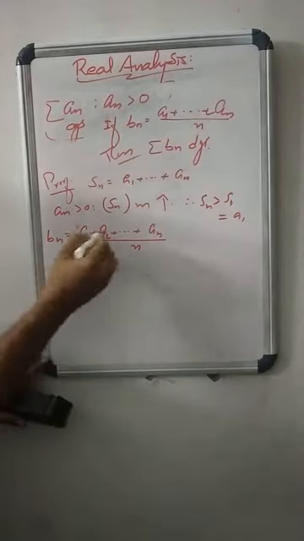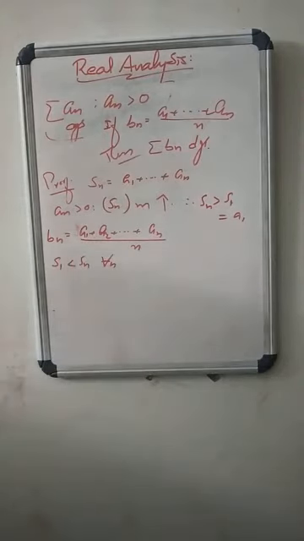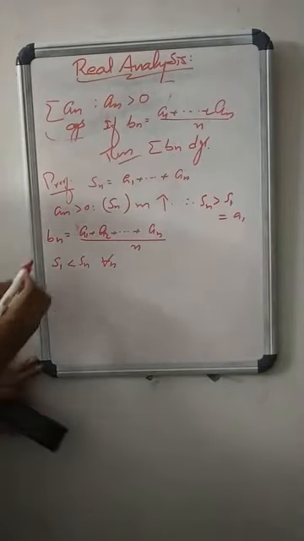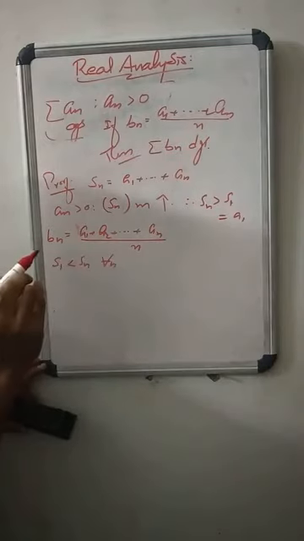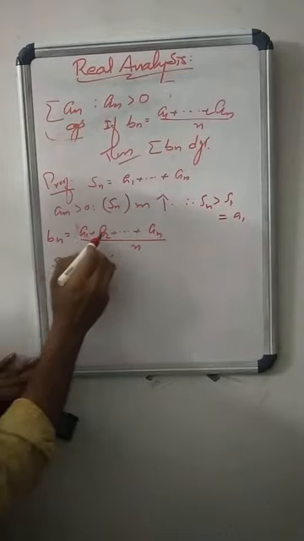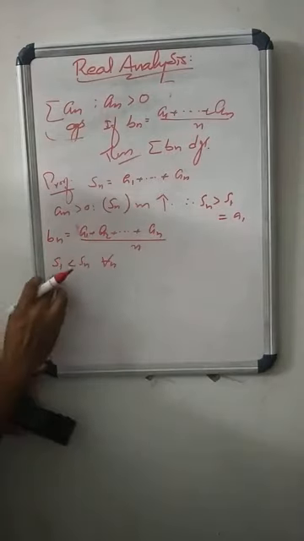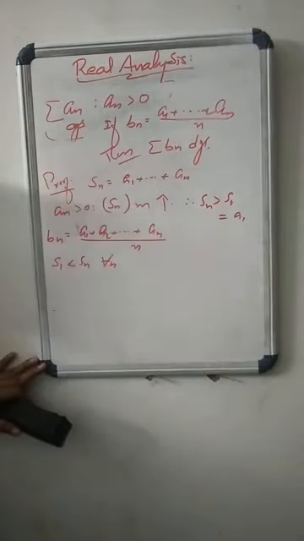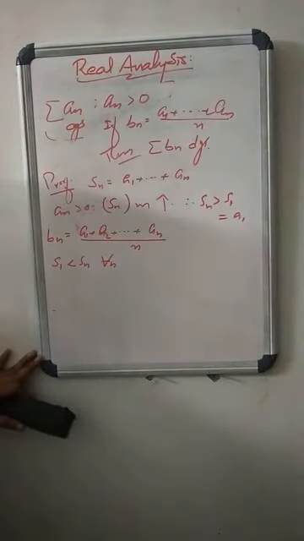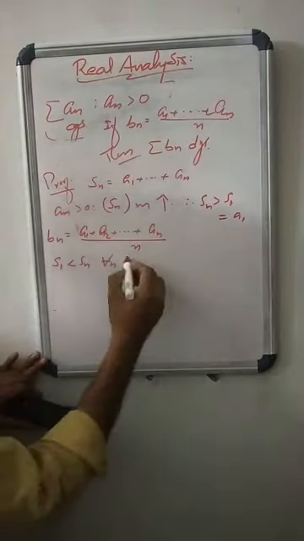Let S_n be the nth partial sum of this b_n. What is S_1? a_1. What is S_2? a_1 plus a_2 by 2. What is S_n? a_1 plus a_2 plus etc. plus a_n by n. So surely S_1 is strictly less than S_n for all n. Clear? From b_n.